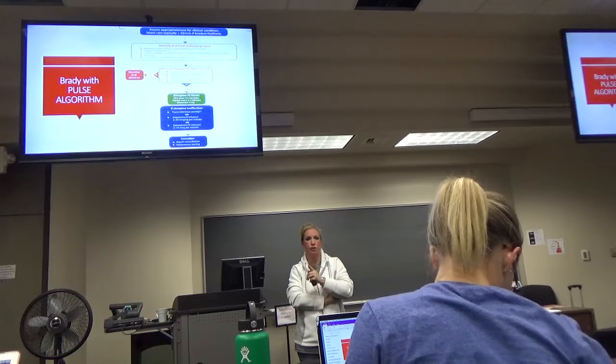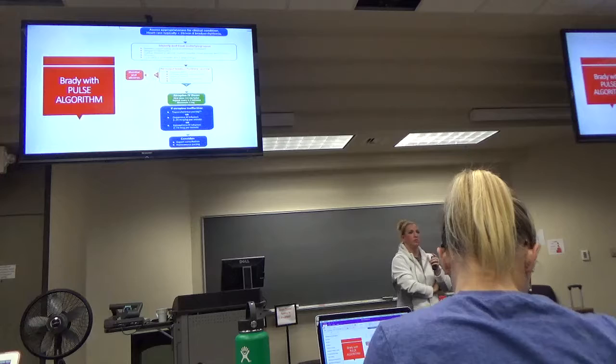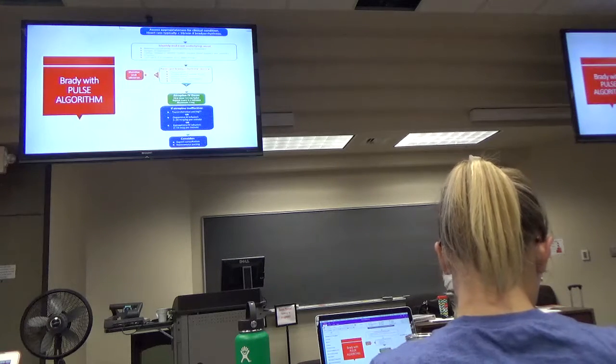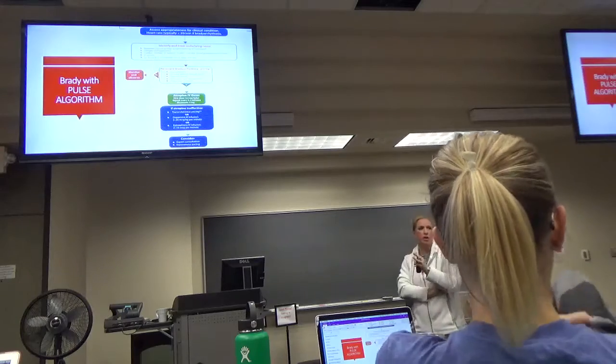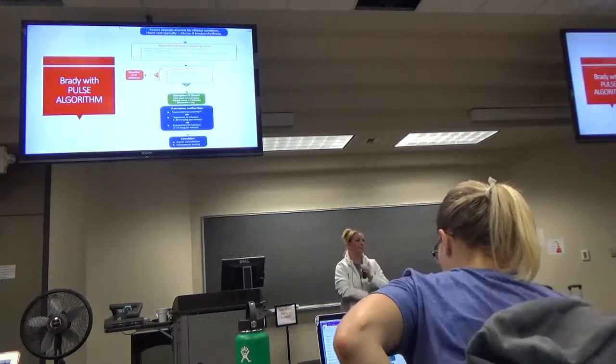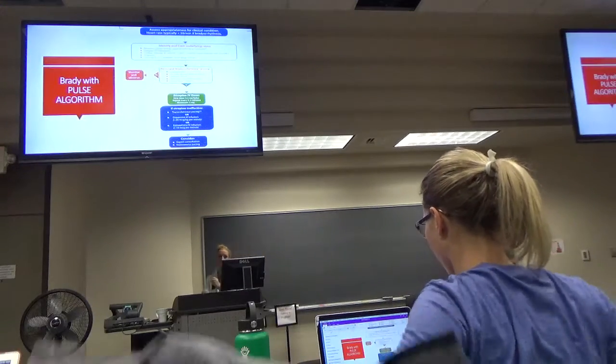Perfusion. Perfusion of what? Organs, tissue. Because if there's no perfusion, there's no oxygen, you start having cell death of whatever tissue or organ that is. Okay? You guys have this. You got it. All right.